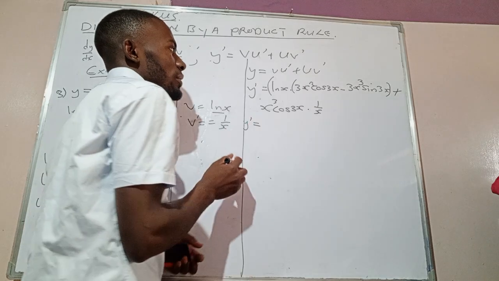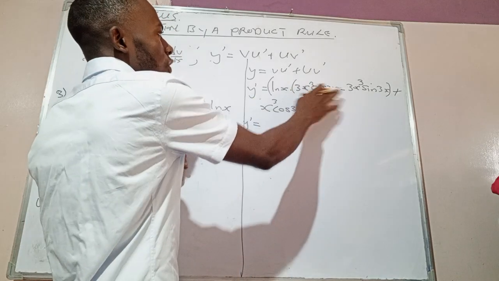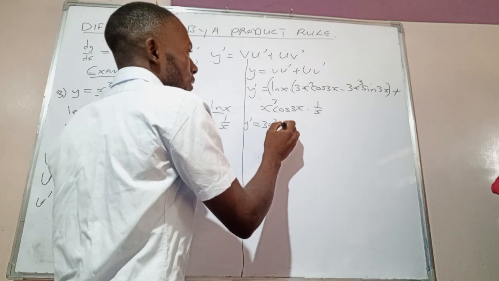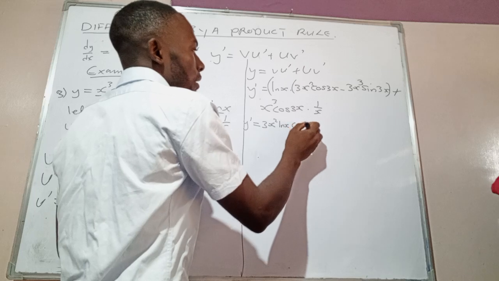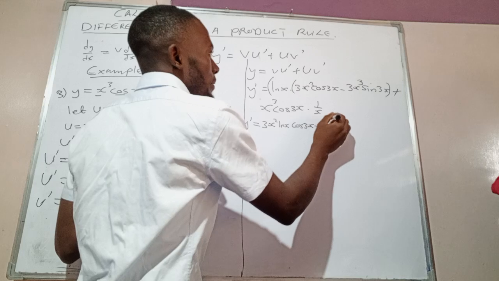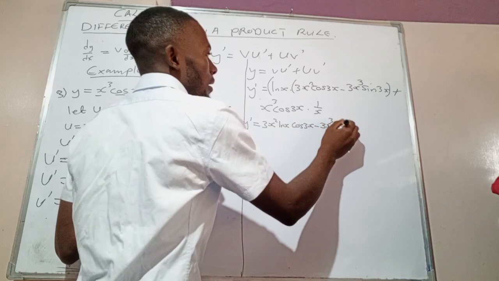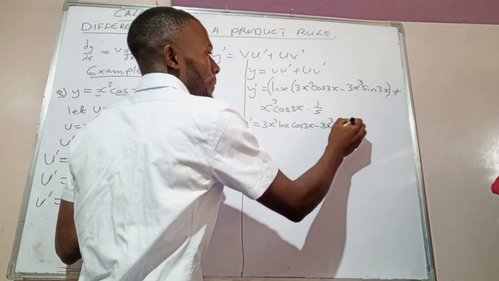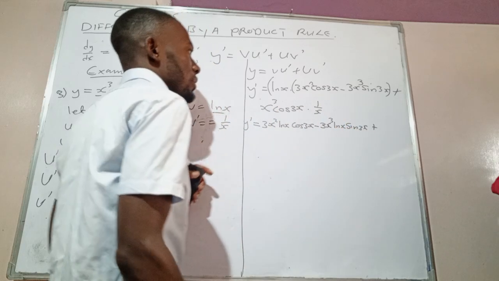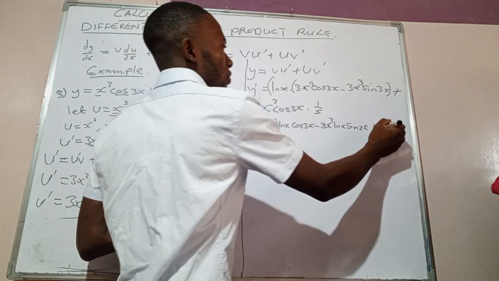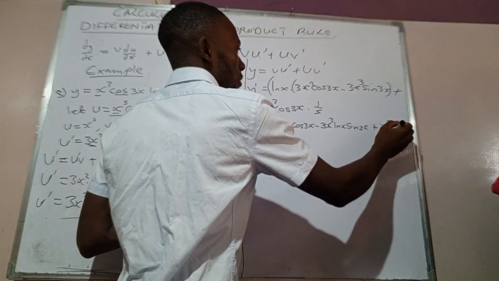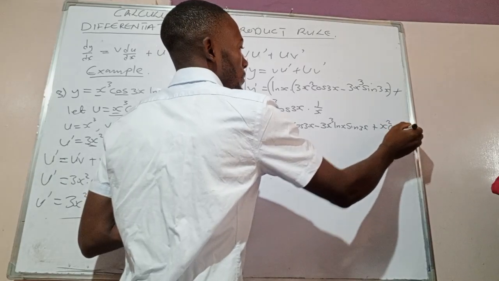So you distribute this ln x inside there, and you're going to have 3x squared ln x cos 3x minus 3x to the power 3 ln x sin 3x, then plus, when you multiply this one, we're going to have x squared cos 3x.